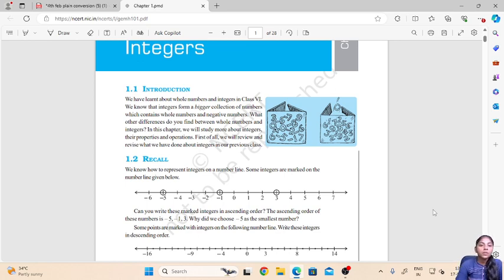So we know that integers include the negative numbers, that is -3, -2, -1, as well as 0 and the positive numbers, that is +1, 2, 3, 4 and so on. So all these numbers, the positive numbers, 0 and the negative numbers, constitute the integers.